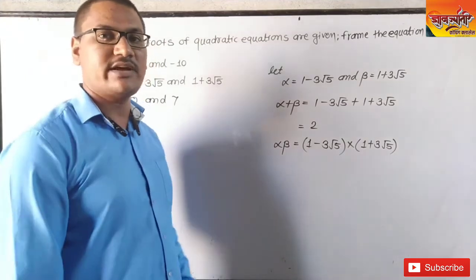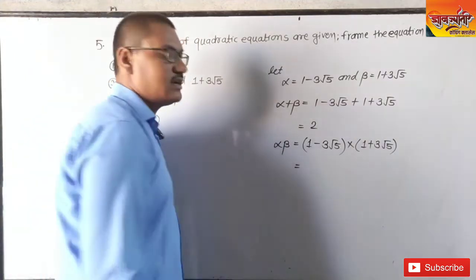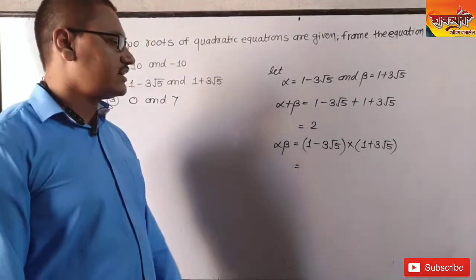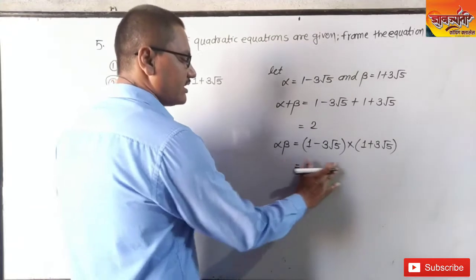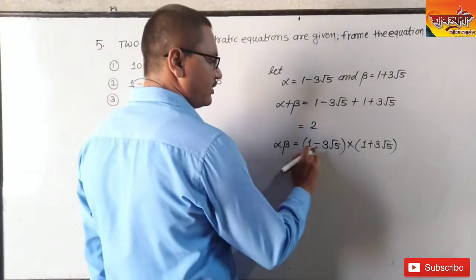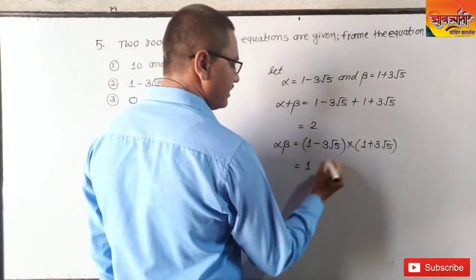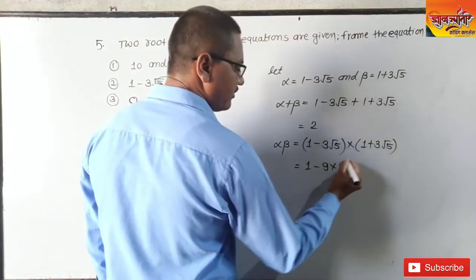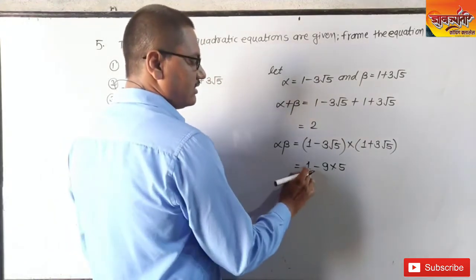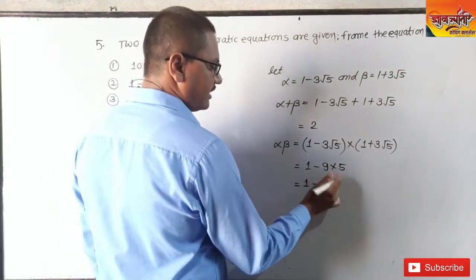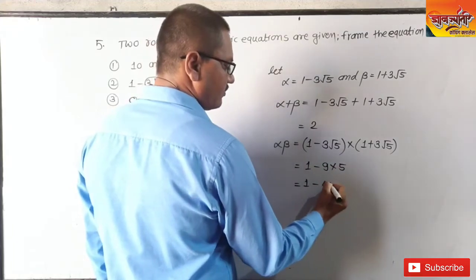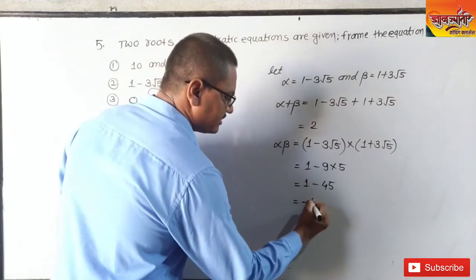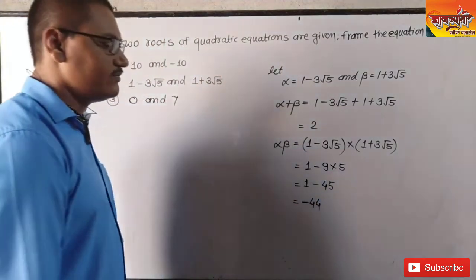So it becomes 1 into 1, which is 1, minus 3 square, which is 9, into root 5 square, which is 5. Then 1 minus 9 into 5, which is 45. So 1 minus 45 gives minus 44. This is the value of alpha beta, minus 44.